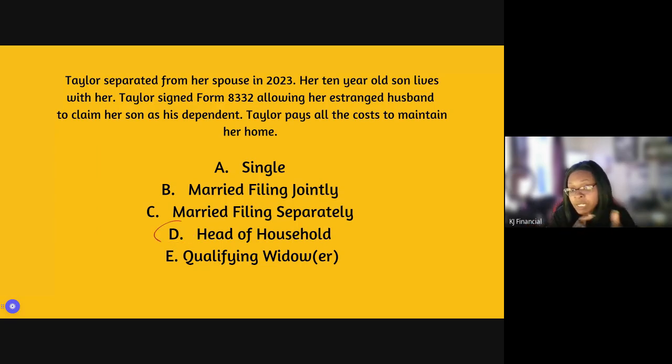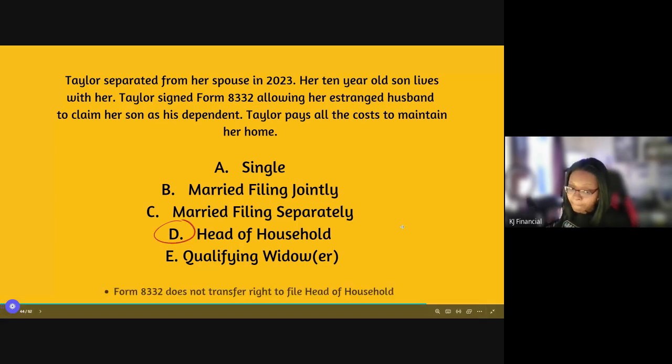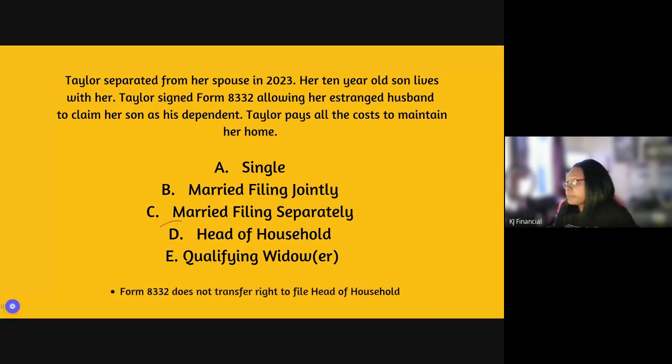But the whole gist of it is that even though she has signed the form for him to be able to claim the dependent, it doesn't take away her being the head of household. So technically she can still put the child on there, but she just has to mark that the child can be claimed by somebody else. That was the whole gist of it. But I understand what y'all are saying too. So it really all depends. Like I said before, everybody's situation is different.